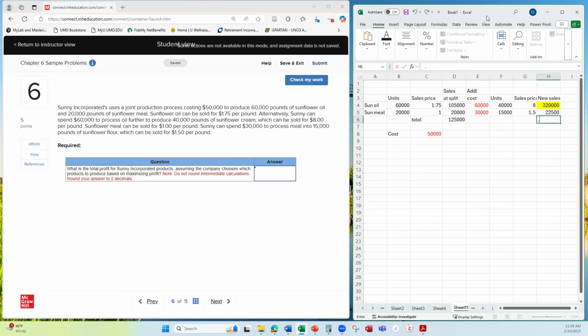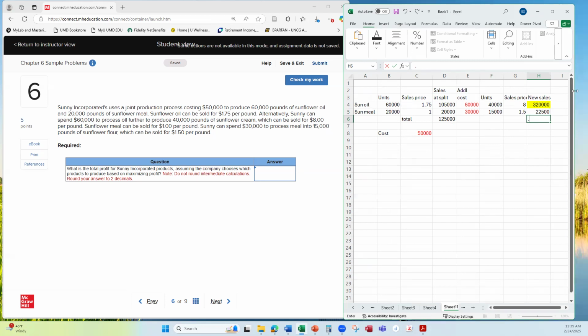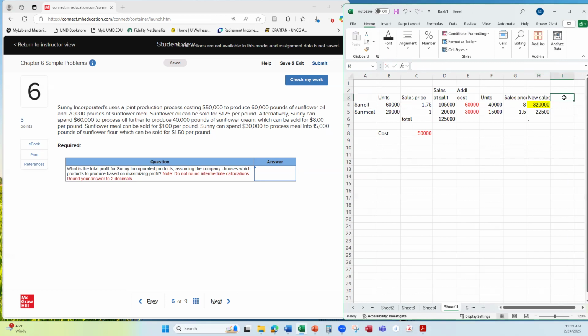Looking at this, if we were going to maximize profit here, I'm just going to make this a little wider. So our new net realizable value here is going to be the 320,000 of new sales minus the $60,000 right there.